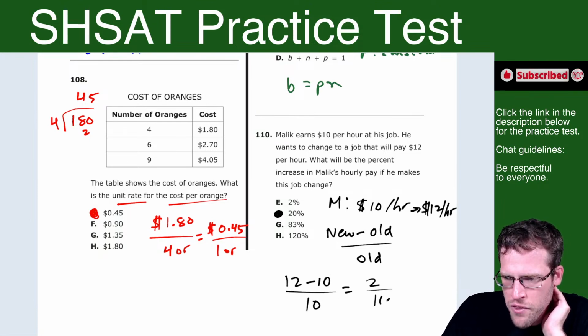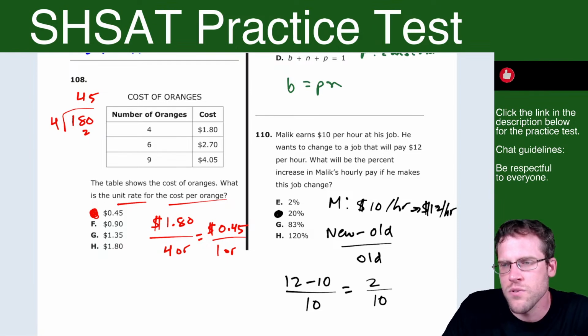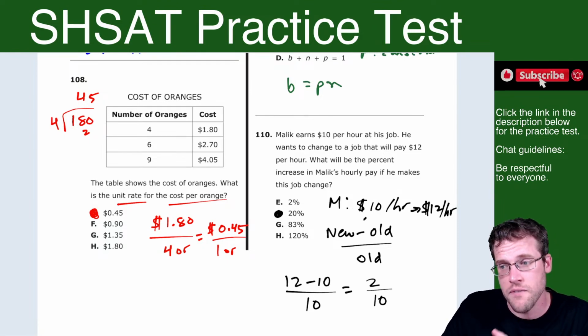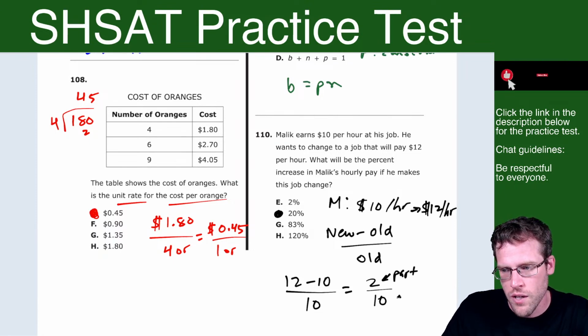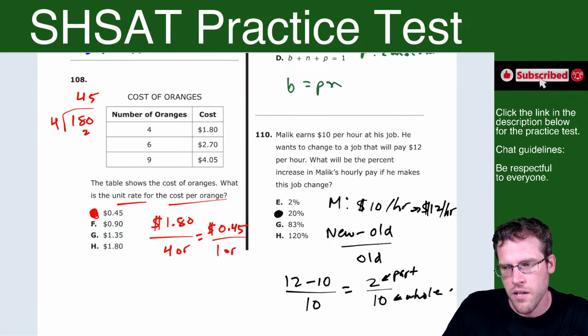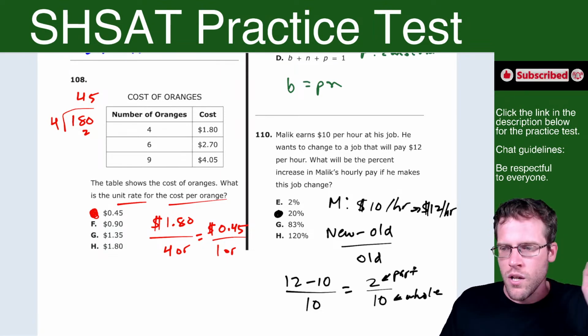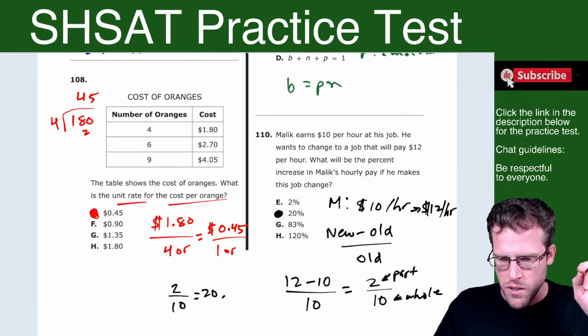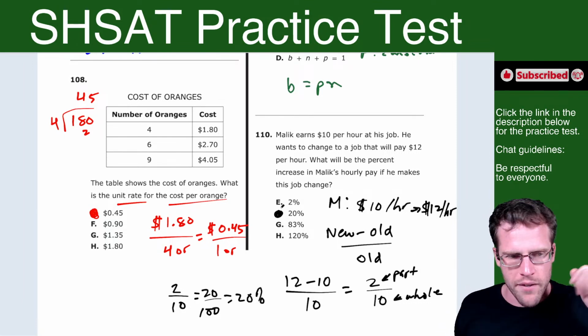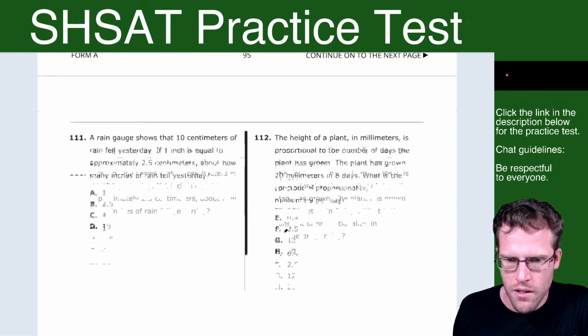If you think about it logically, he's going to make $2 more an hour, but relative to how much he was making, that's the new part over the old, the whole amount he was making. So percent, I always think part over whole. So 2 over 10 as a percent is the same thing as 20 out of 100, which is 20%. So choice F, or the second choice.